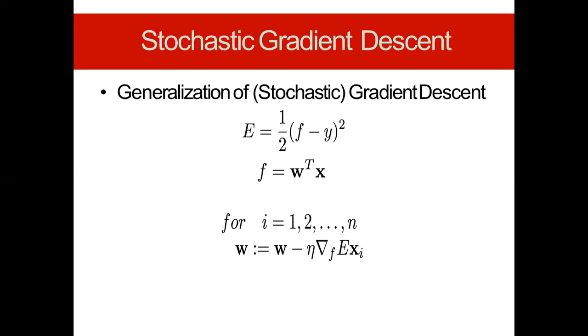So the general technique to estimate parameters in machine learning models is to use gradient descent to minimize the loss function of your model. For example, in linear regression, the loss function is the least square of the errors. Here F is your prediction based on the linear function, and Y is the ground truth value.